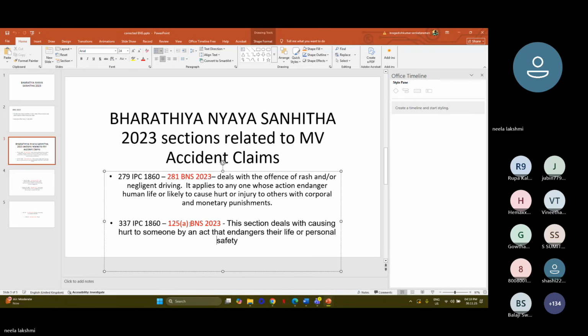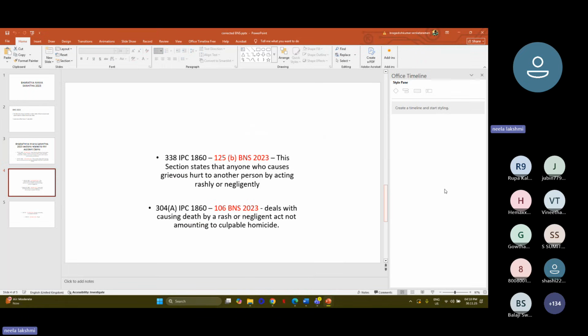Next one, 338 IPC 1860, grievous hurt. The new relevant section is 125(b) BNS 2023. This section states that anyone who causes grievous hurt to any other person by acting rashly or negligently is punishable. This is the point, 125(b) BNS 2023.